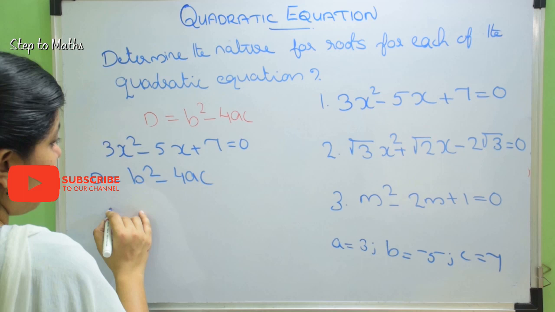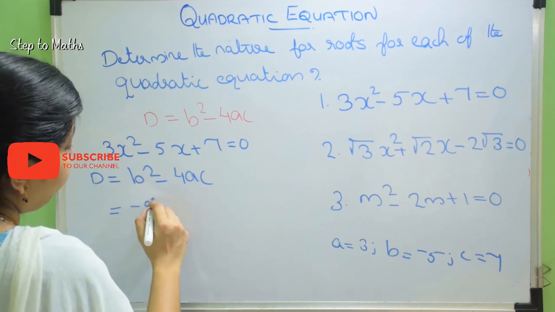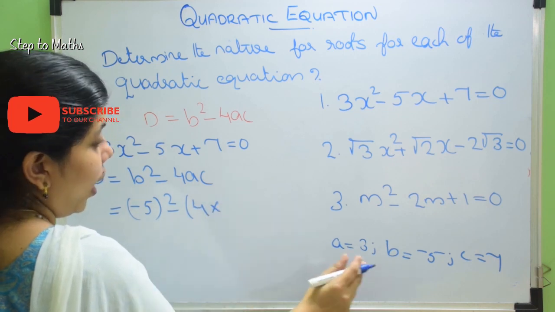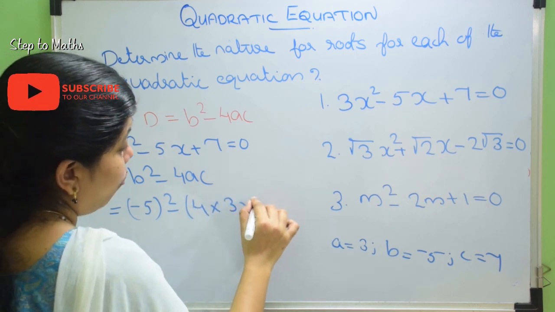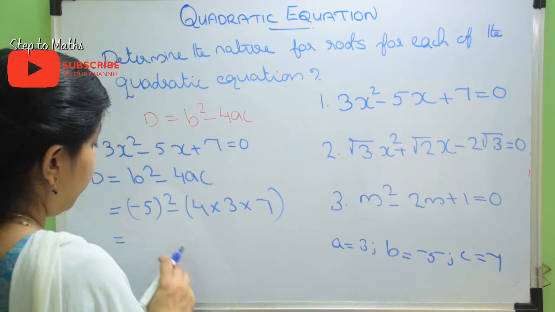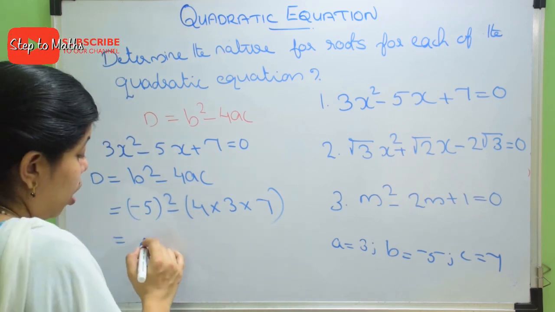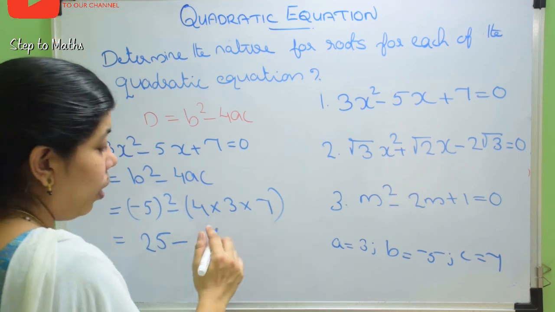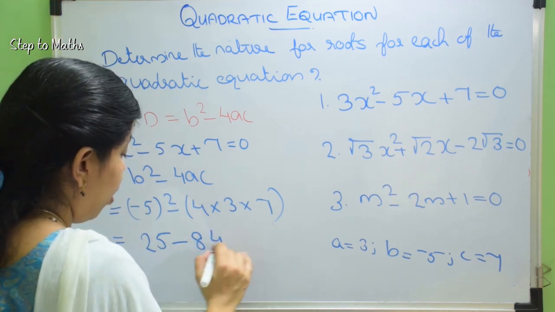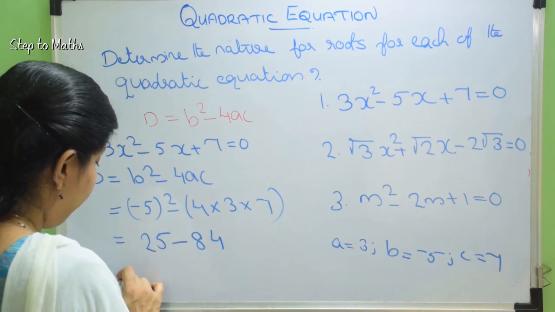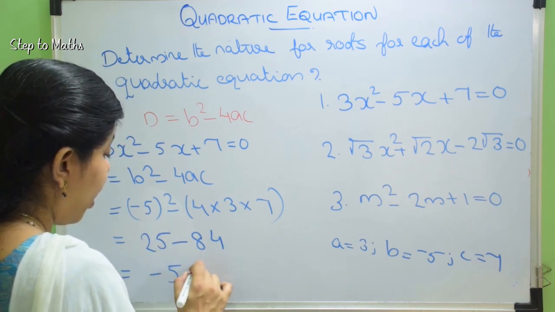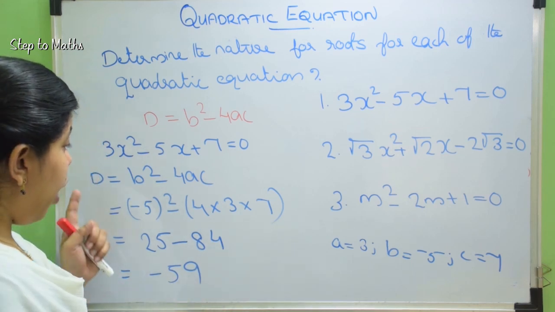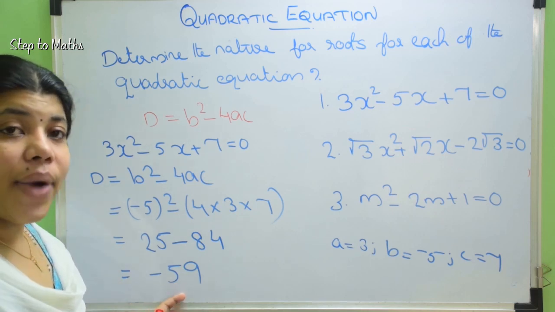Then b square minus 4ac is minus 5 square minus 4 into 3 into 7. Minus 5 square is 25, minus 4 into 3 is 12, 12 into 7 is 84, 25 minus 84 is equal to minus 59. The value of the discriminant is minus 59.